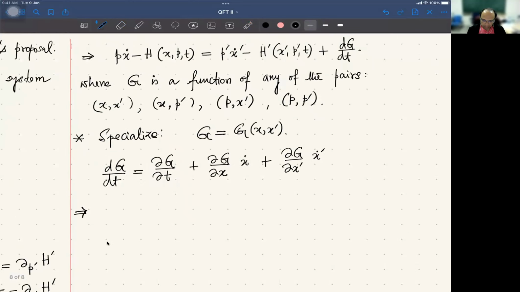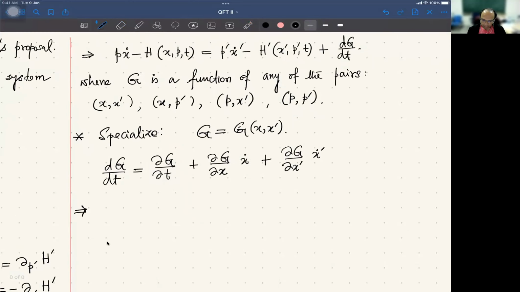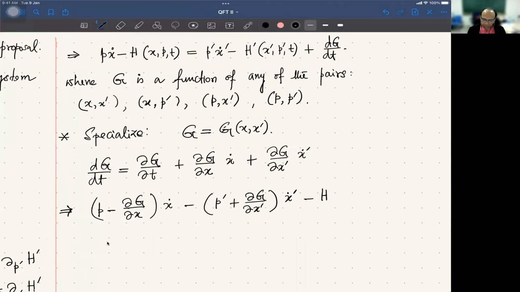Okay, so therefore, substituting this, we get p minus del G del x times x dot, minus p prime plus del G del x prime times x dot prime, minus h, which is a function of x, p, t, plus h prime, minus del G del t equals 0.